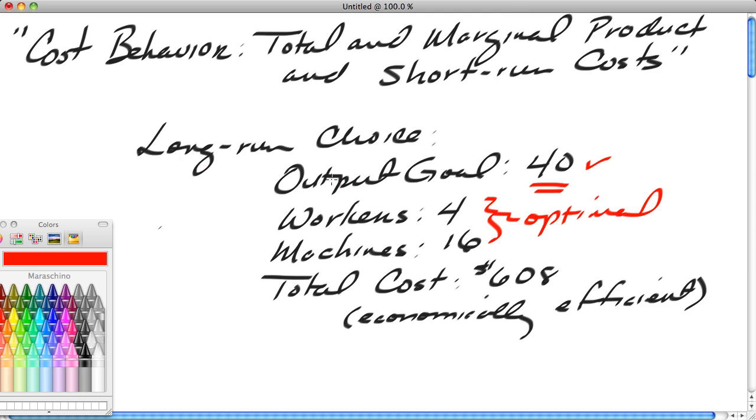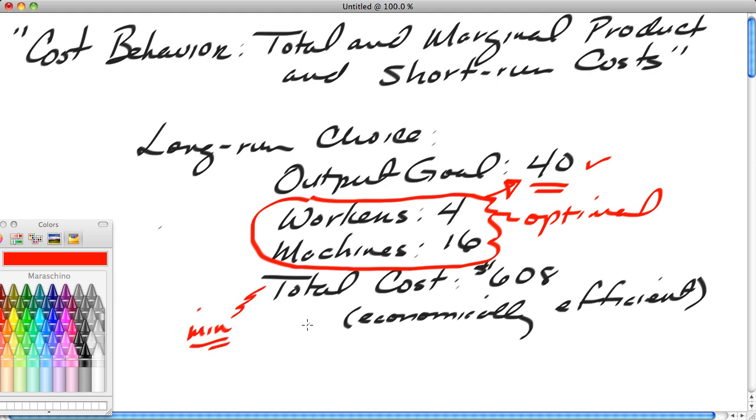This combination of inputs, 4 workers and 16 machines, is the optimal input combination to achieve that particular goal. Why? Because we were able to see that the firm minimizes its total cost if it uses that number of workers and that number of machines. So in the long run, the firm is going to choose the number of workers and machines that will allow it to achieve the output goal at the lowest possible cost.